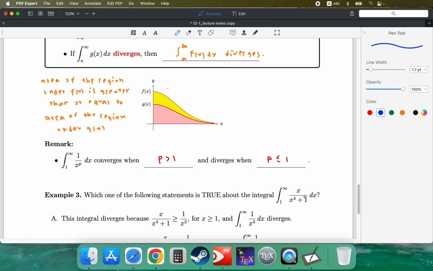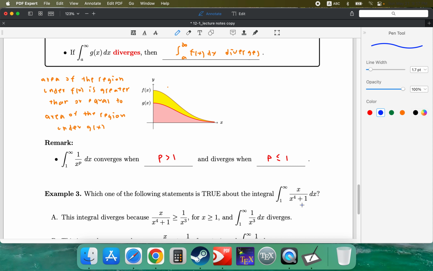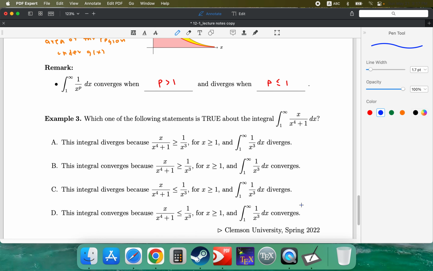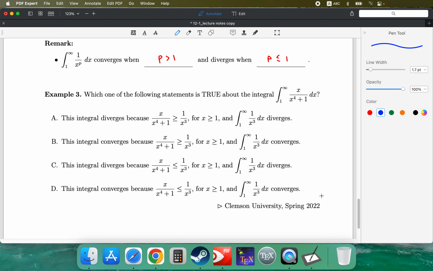Right here, you have x over x to the fourth plus 1. You need to find some integral to compare to. Then, which integral should I choose? So here's the idea, and you will see this idea again in chapter 10. When x goes to infinity, when x is really, really large, like x is 10 billion, the plus 1 really doesn't matter.